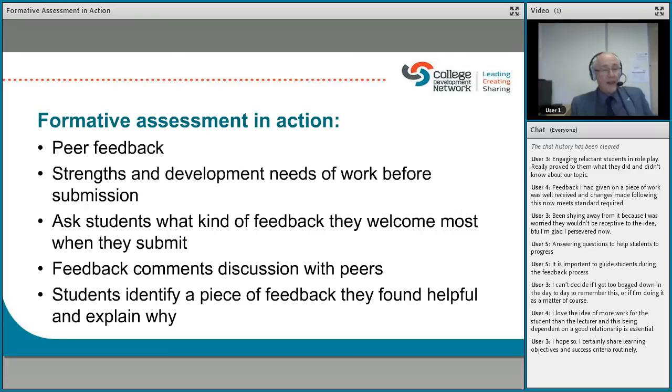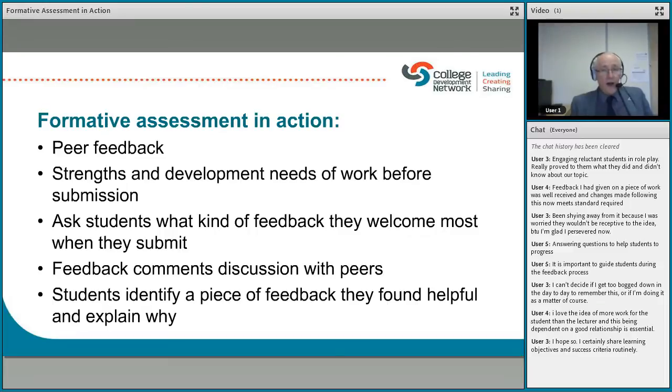That gets good conversations about learning. Going back to the learning pyramid in the early part of the presentation, that gets good discussion going. And formative assessment in action are really good, focused discussions about learning.